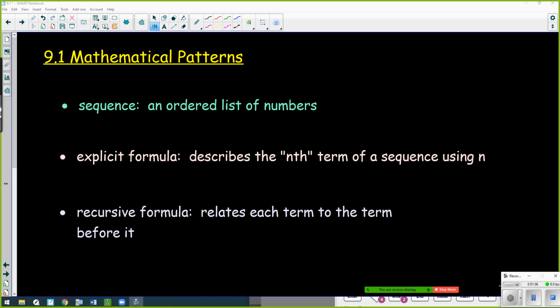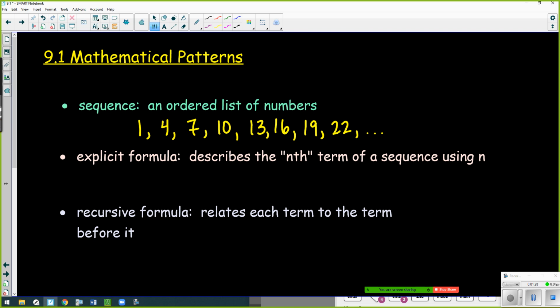All right, so let's talk about a sequence. A sequence is an ordered list of numbers. Here's an example of a sequence: 1, 4, 7, 10, 13, 16, 19. Can you guess what the next number is going to be? Did you say 22? If you did, you're right. So there's an ordered list of numbers.